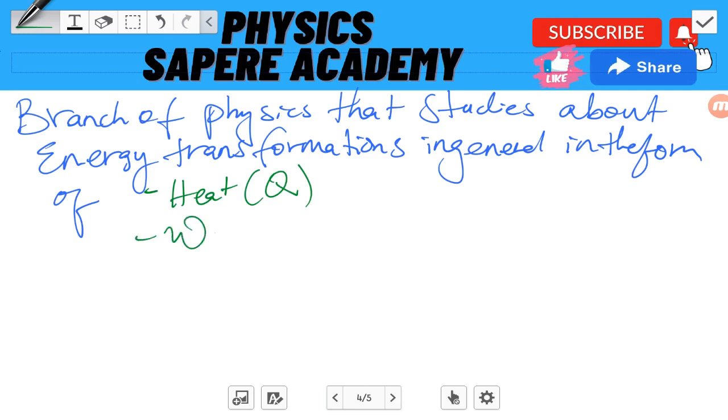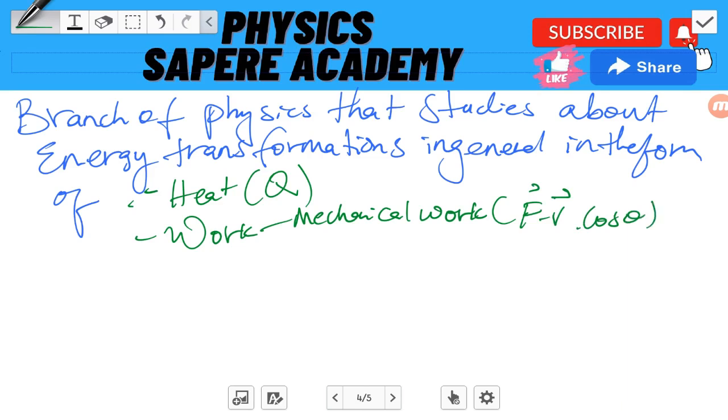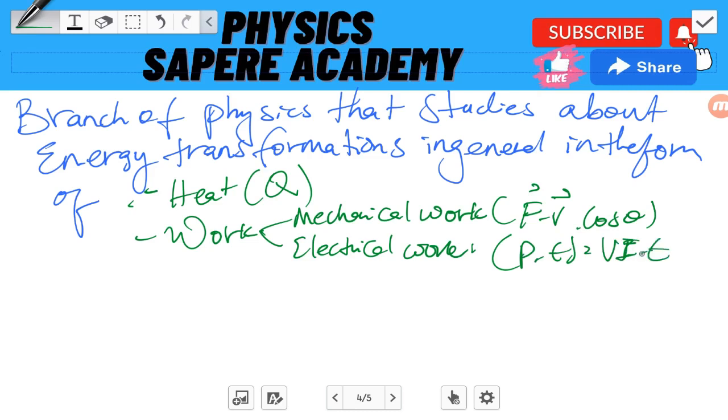Then in the form of work, which could be different types of work. For example, it might include mechanical work, which is simply the dot product of force and displacement. It might include electrical work, for example, which is simply electrical power multiplied by time, which is voltage multiplied by the current I times t.